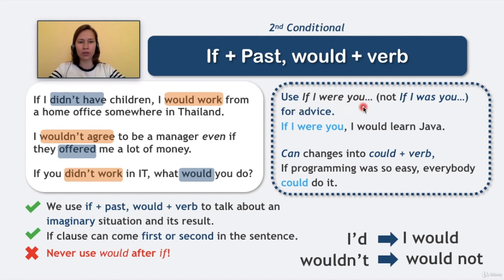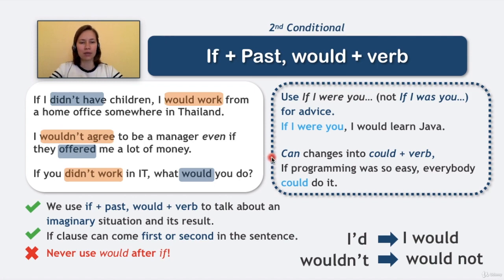Use if I were you, not if I was you, for advice. When you want to give advice, to say that you would do something differently, you can say something like that: if I were you, I would learn Java. This is a common way to say it in conditional sentences.